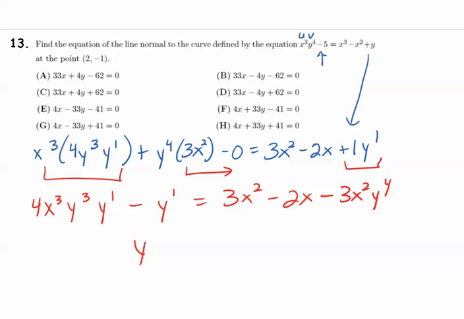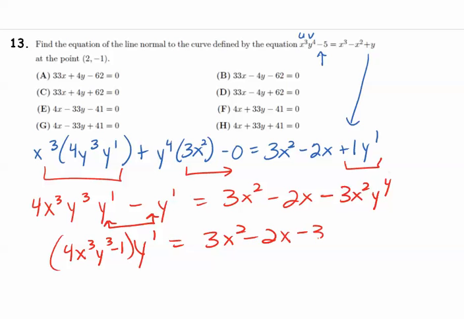And then if we factor the y prime out of these two terms, and you don't have to show all of these steps, there's our factoring. And then we divide. There's our formula for our derivative.